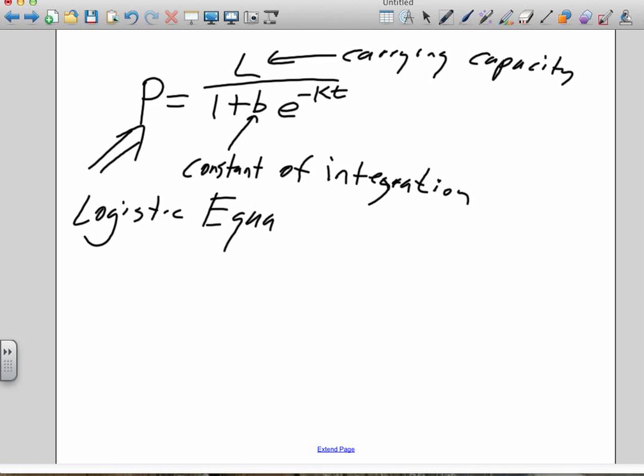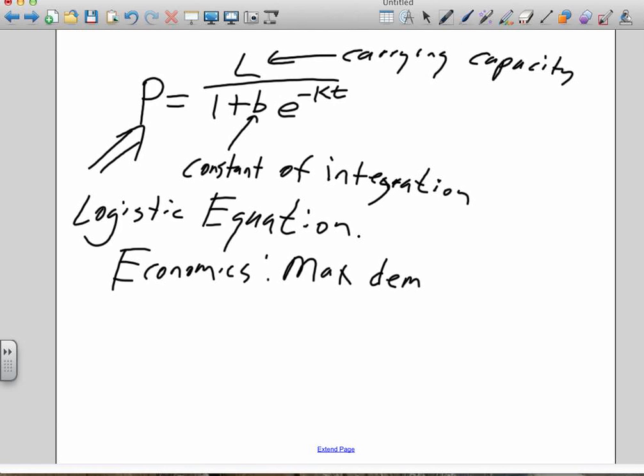And this guy is used in more things and more places than I can think of. Obviously, it's used a lot in biology to model populations, but it's also used in some other places. Economics uses this. They're looking for maximum demand for a product.